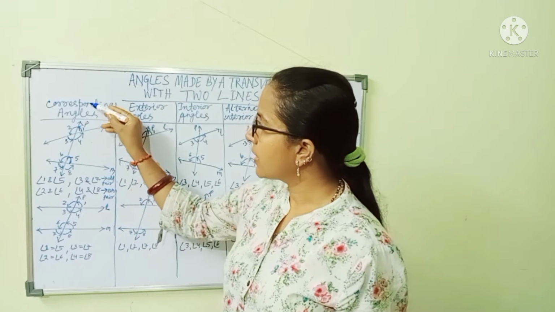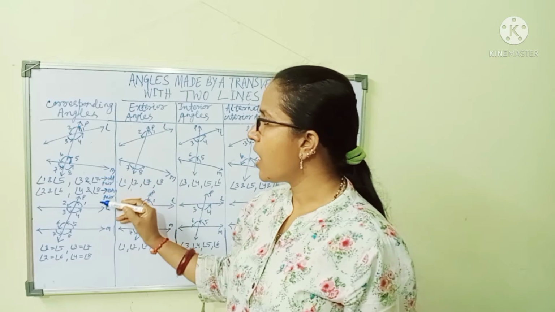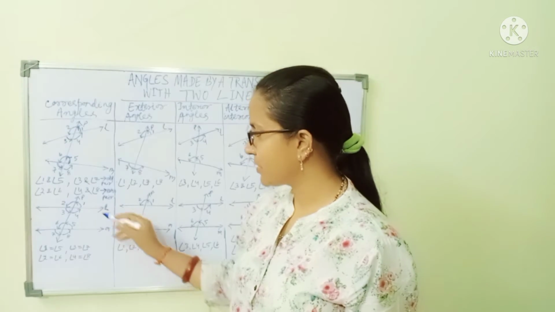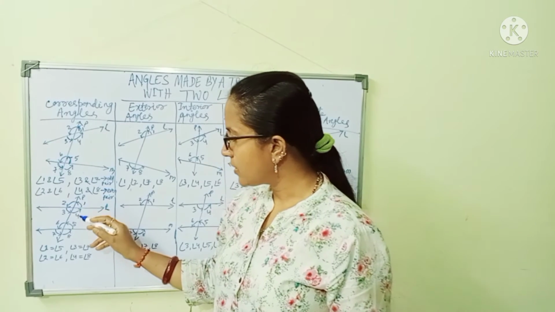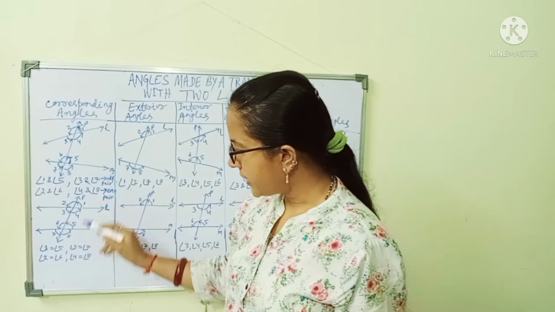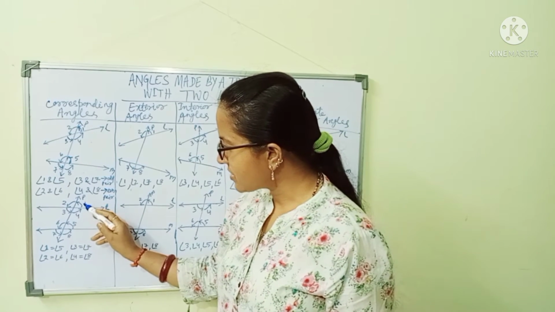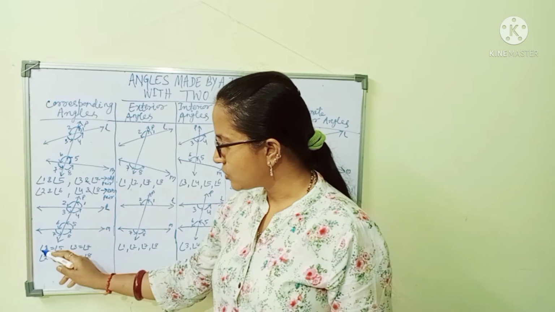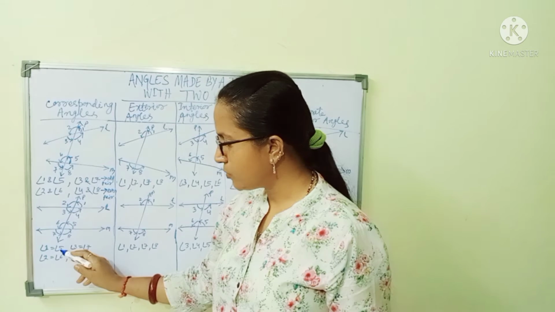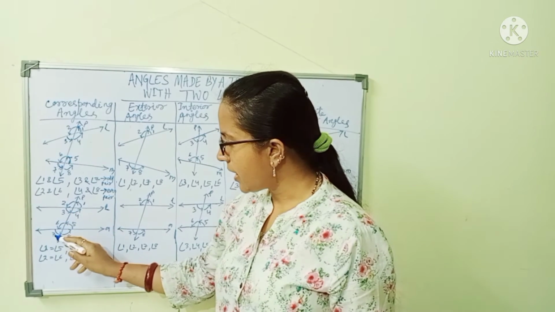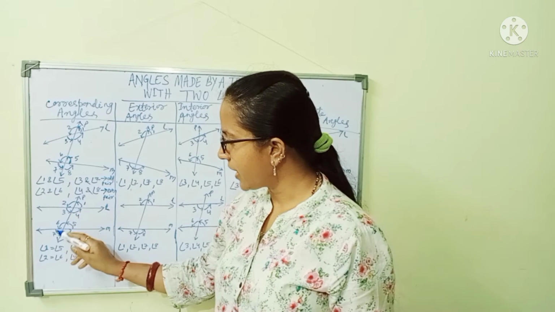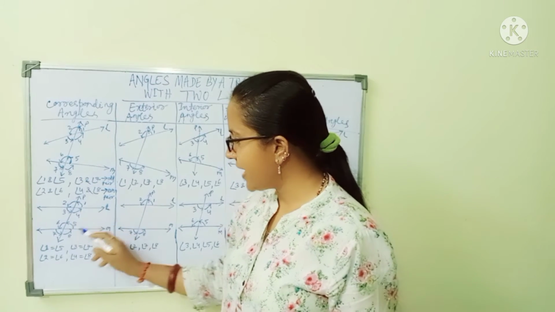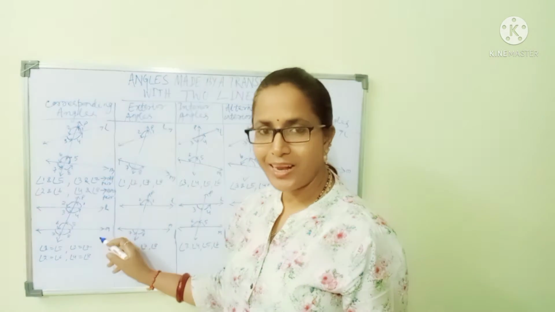So the corresponding angles are equal in the case of parallel lines. Just observe here. The first angle is equal to the fifth angle because they are corresponding angles. The third angle and seventh angle are corresponding angles, so they are equal here because L and M are parallel lines.